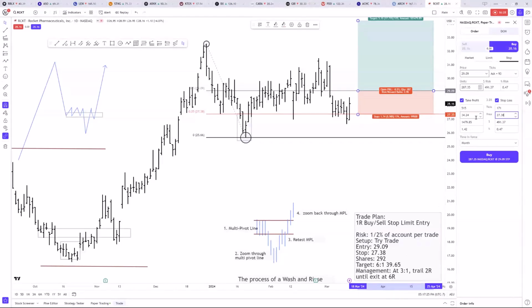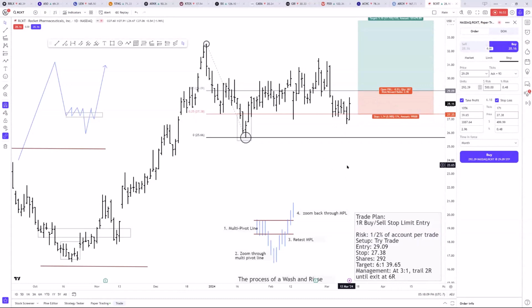All trades are going to be managed the same way. It's going to have the same kind of target. We want $500 of risk, right? We're risking 0.5%. All of this is worked out. Don't have to think about it or worry about it.